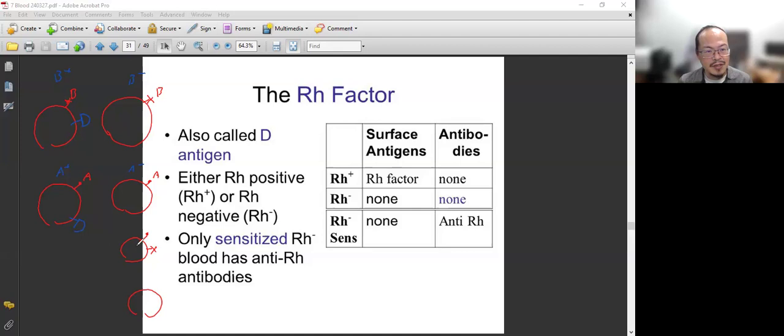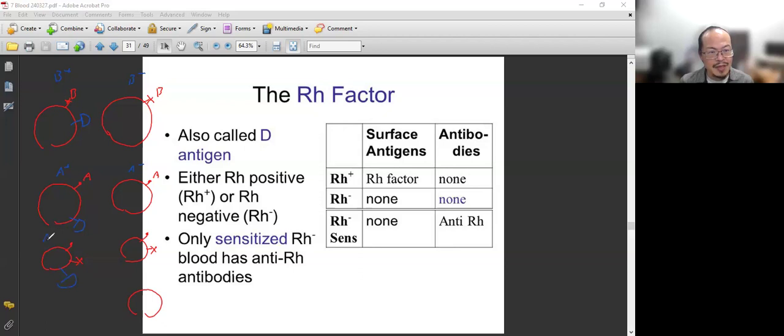All right. So for example, here we have a type AB person who doesn't have antigen D. So here is his blood: antigen A and antigen B. No antigen D, but if he has it, then we call it AB plus.